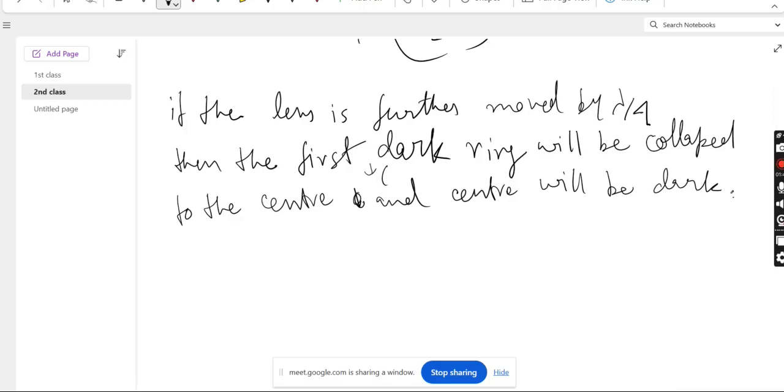The ring Q will be at the previous position of Q. So that's how the rings collapse in the center. That is why if you make the lens move upward, the rings will collapse to the center point.